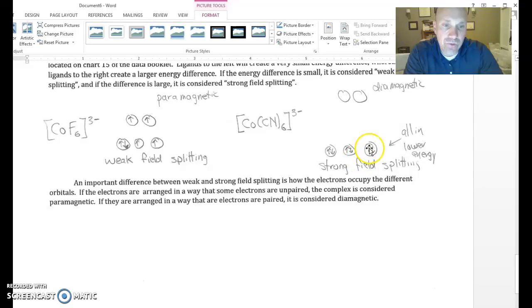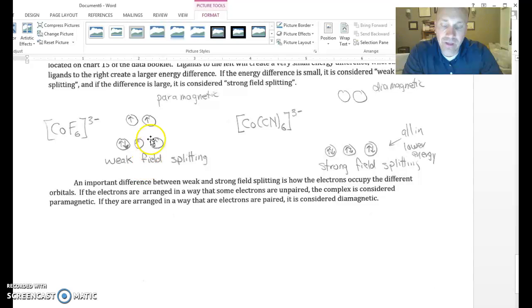But if they all choose to reside in the lower energy orbitals, and that would only happen in strong field splitting, notice that all of the electrons are paired. They've all got electrons of the opposite spin in the same orbital with them, and essentially that makes them what's considered diamagnetic.